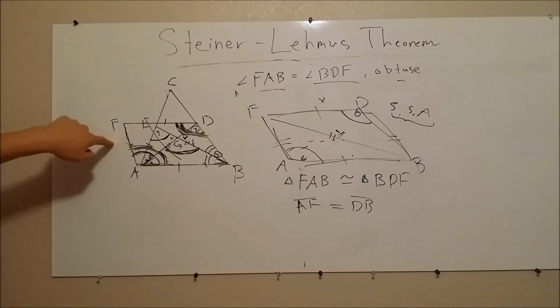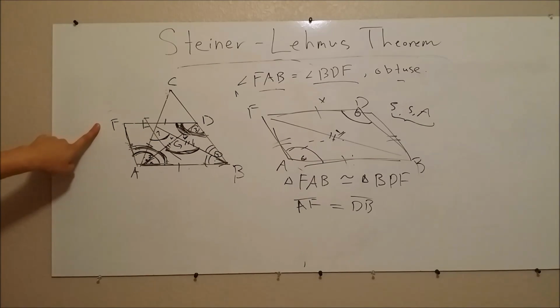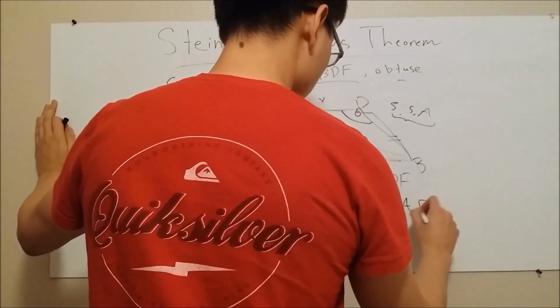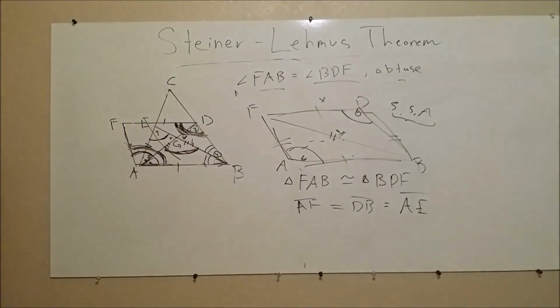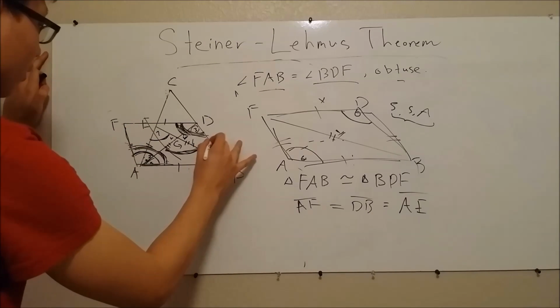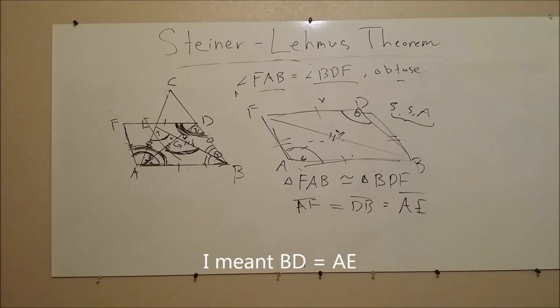But what do we have here? Right? We have that AF is equal to AE by assumption. That's how we drew this point in the first place. So this is actually equal to AE. Right? So we mark that on our original diagram here. AF is equal to AE. Okay?